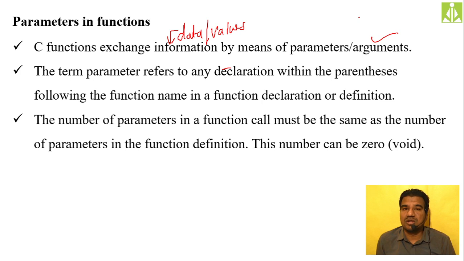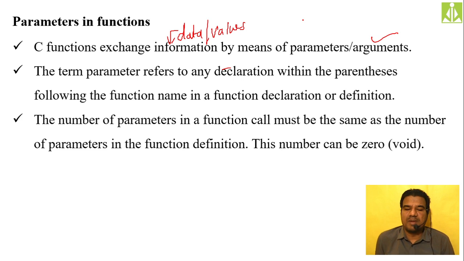Parameters means constants or variables, whereas arguments means expressions. Both the things we pass as input to the function.